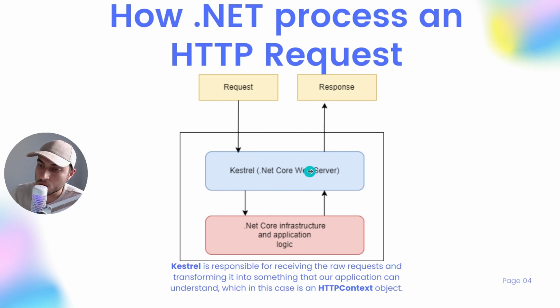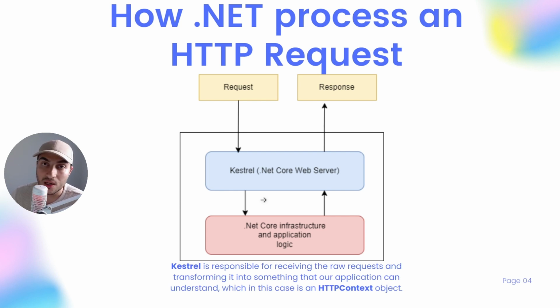Then the response goes back to the web server, and then it is going to send it back to the browser, as we can see. So a pretty simple diagram and pretty simple flow, but we're going to be building more and more into this diagram to understand what really happens behind the scenes. And I think that it is going to be pretty exciting to really understand what is going on.